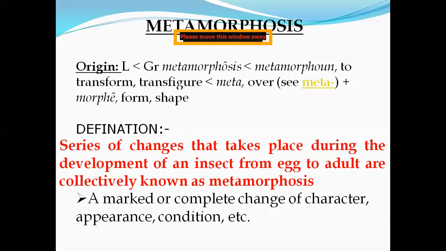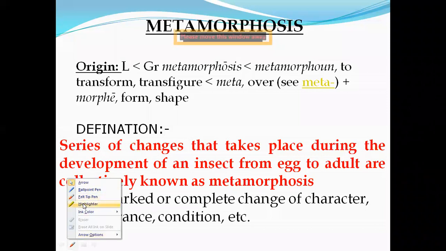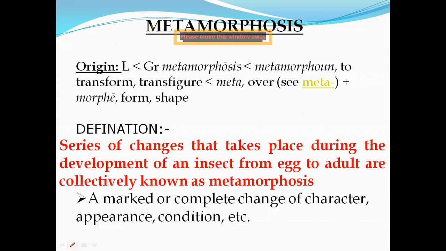The metamorphosis means the change in form. That is the meaning of this whole word from the point of view of insect development. The word is of Greek origin, from metamorphoun, to transform.